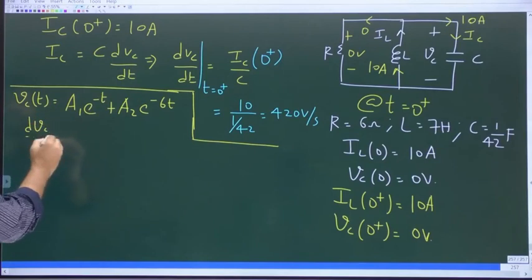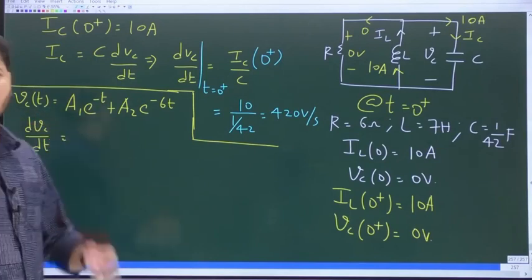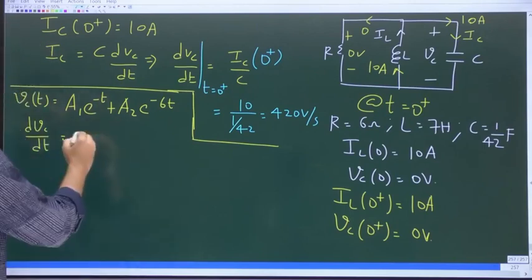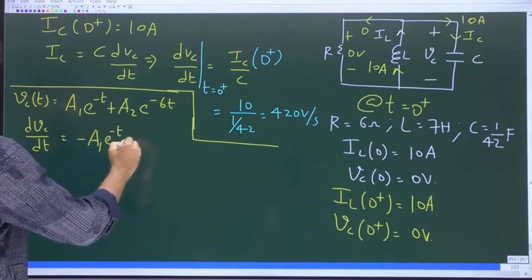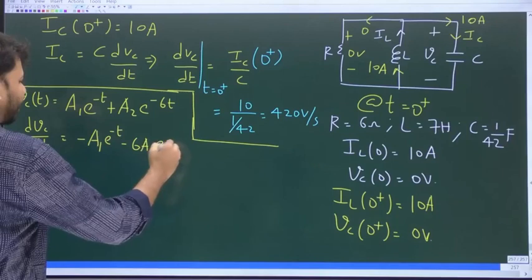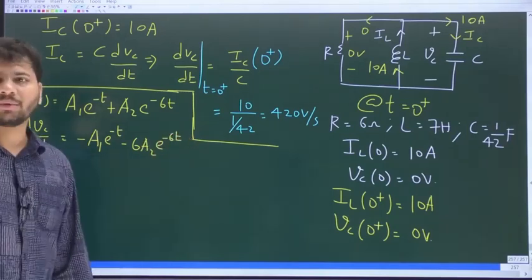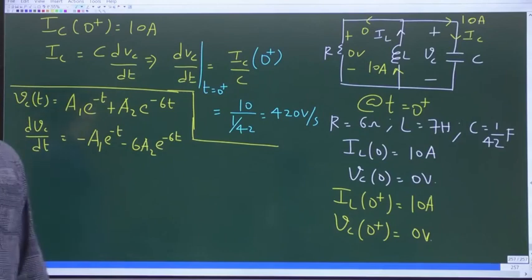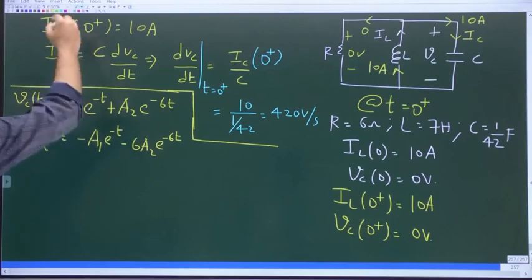The left hand side becomes dVc by dt. The derivative of the right hand side is minus a1 e power minus t, and then minus 6 a2 e power minus 6t. This is the expression for dVc by dt. Now let's evaluate both sides at t equal to 0 plus.